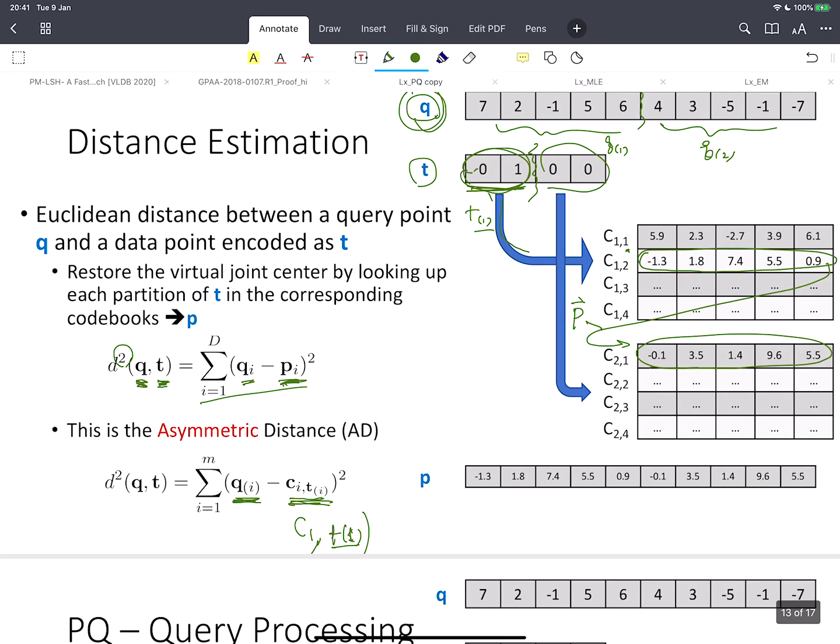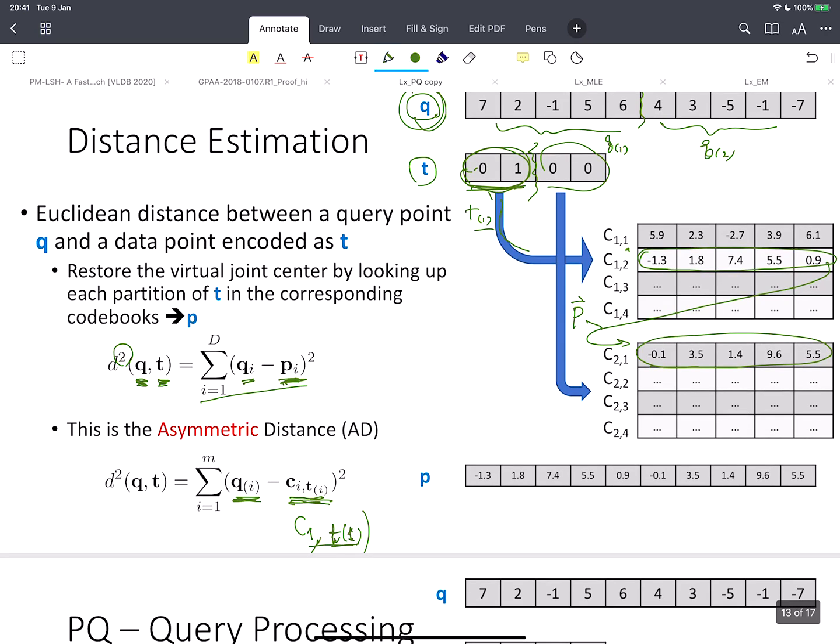Essentially, you look up the code book, the i-th code book, and use the corresponding segment in t to do the decoding and find the corresponding center. Then you calculate the Euclidean distance and sum over all the partitions. You probably want to think about why we can do this.